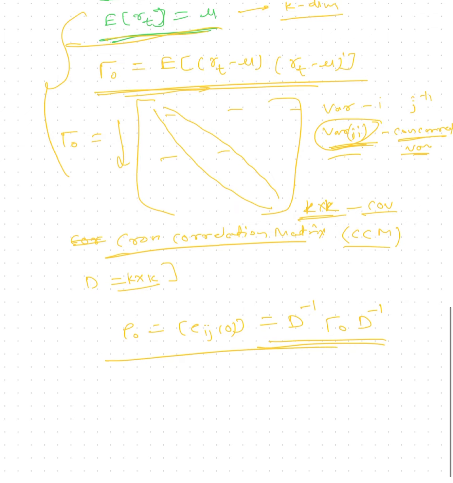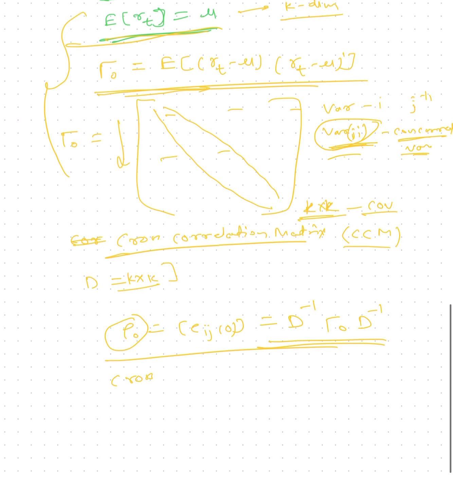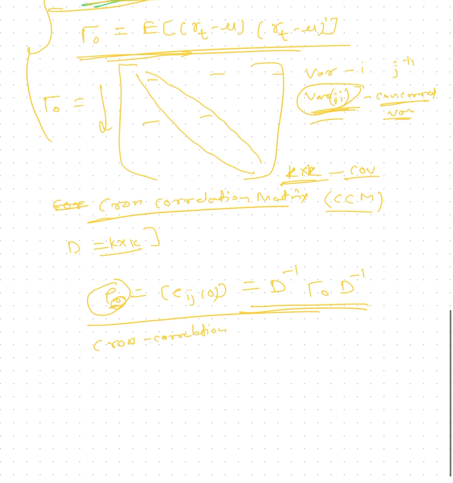So this is how we calculate our rho 0, that is nothing but our cross correlation at lag 0. So you can clearly see that we have calculated the cross correlation at lag 0, and this is how we calculate it.